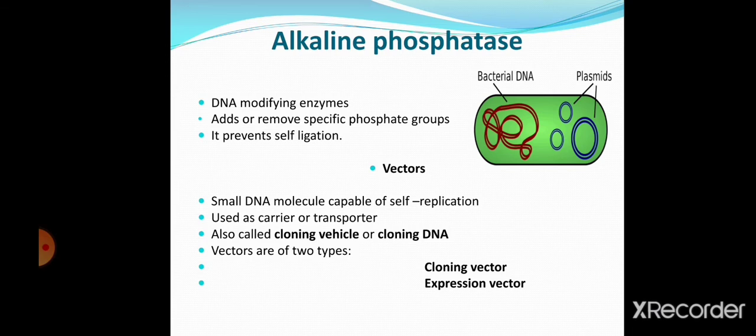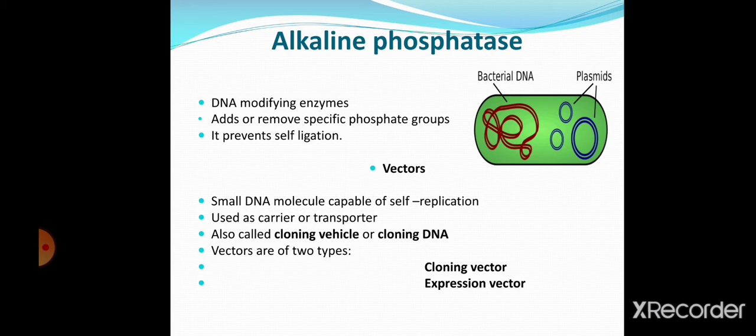The third important enzyme is alkaline phosphatase. We completed two enzymes: restriction endonuclease and DNA ligase. One acts as a molecular scissor, and the other acts as a paste enzyme. Third, we are going to see alkaline phosphatase.